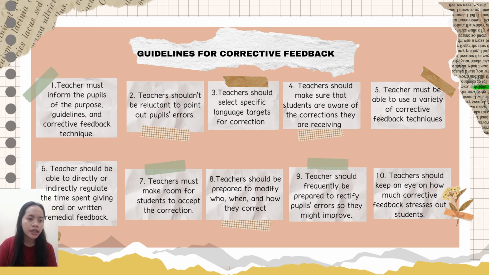Number nine, teachers should frequently be prepared to rectify pupil errors so they might improve. And the last one is teachers should keep an eye on how much corrective feedback stresses out students.